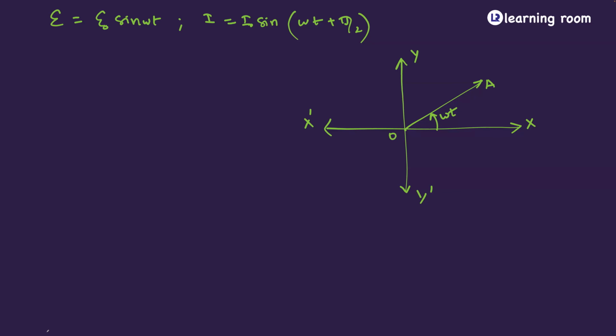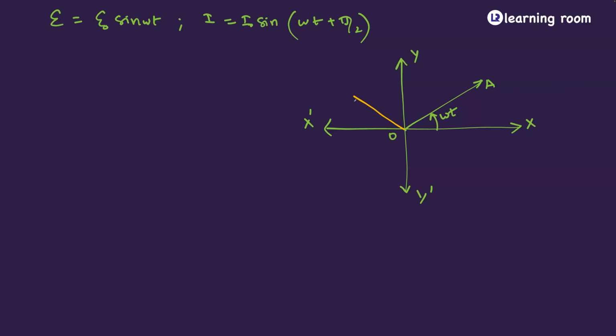Now for current, what am I supposed to do? From this OA, I need to rotate 90 degrees more. So what will happen?